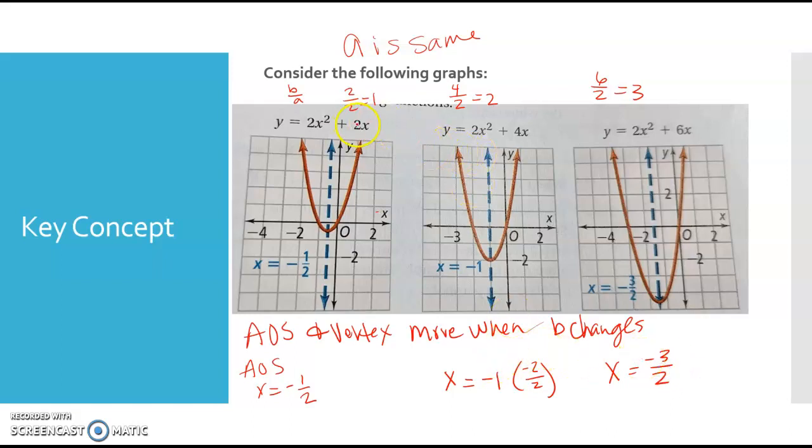So if I take b and divide by a, that gives me my numerator, 1, 2, 3. And then just notice that all of them are the opposite. We went from +1, +2, +3 to -1/2, -1, -3/2. We're going to talk more about that in the next slide.